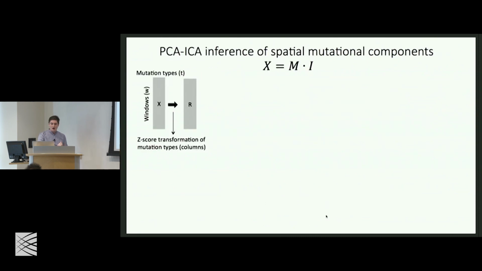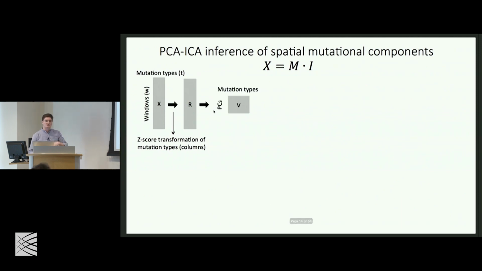And so how we do it formally, we basically departed from the original framework of non-negative matrix factorization, and we do a PCA, ICA procedure. And basically we consider our initial matrix of frequencies. For each mutation type, we normalize mutation rates to zero mean and unit standard deviation.